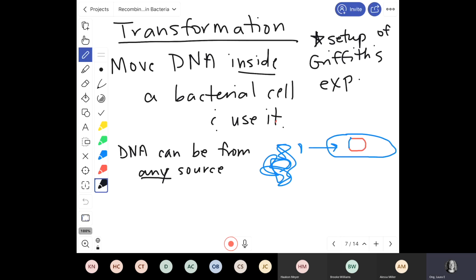And we can take advantage of this in experiments to make bacteria in some ways do what we want them to do and produce drugs for us, or produce what we want them to produce experimentally. But with transformation, the strains don't even have to be related to each other. So the bacterial strains can be unrelated.